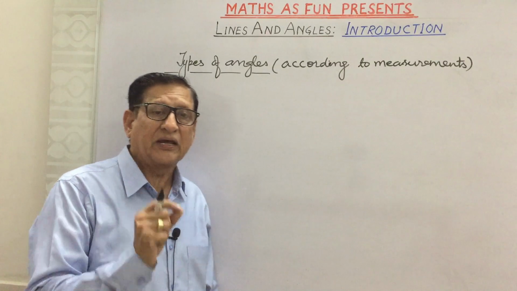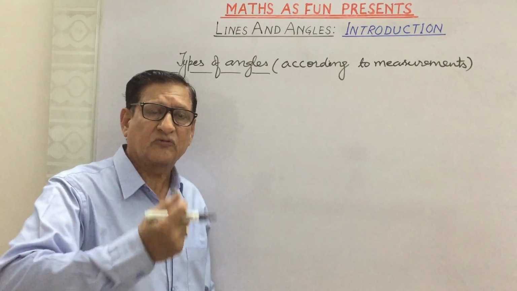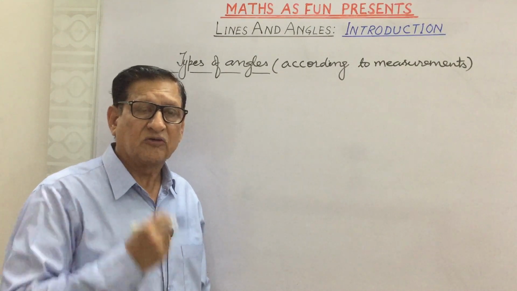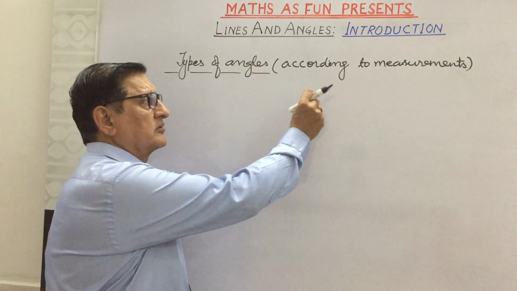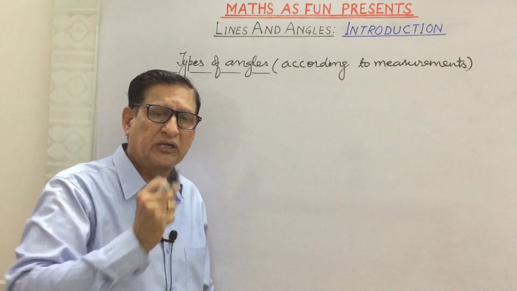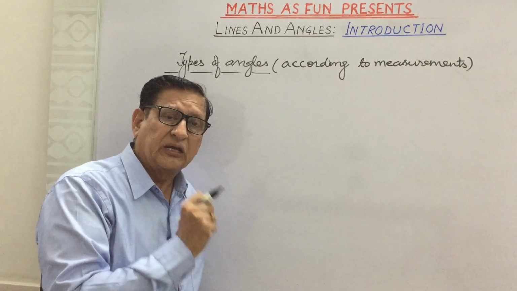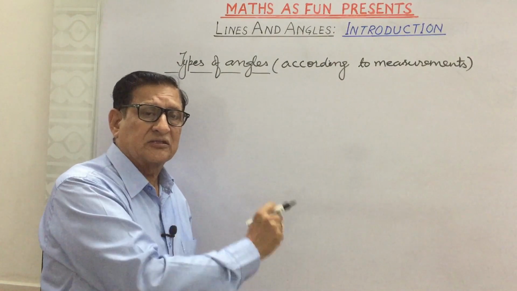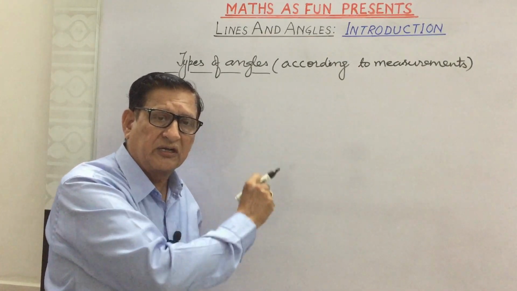When we have learnt about the angle, then we should know how many types of angles there are. So we will be learning about the types of angles according to measurements, and that measurement we will be taking in degrees. Why am I saying degrees? Because we will be discussing the types of angles here in degrees.